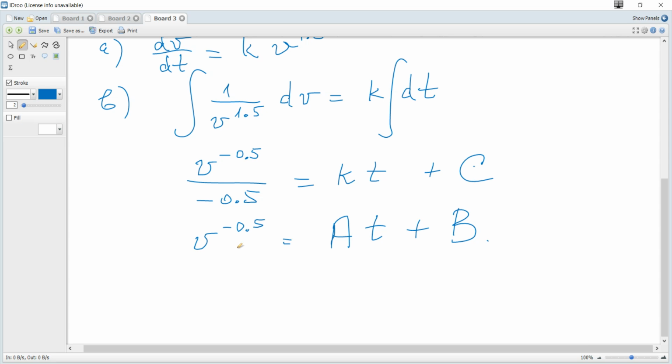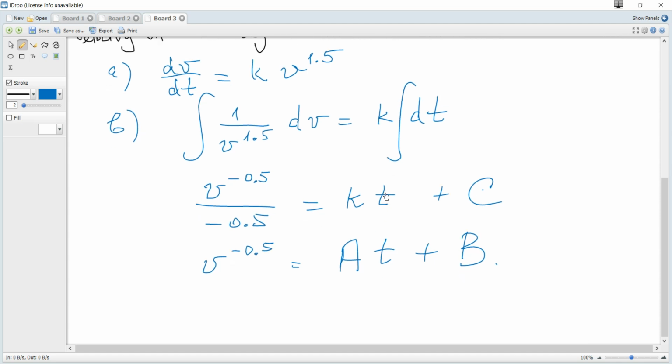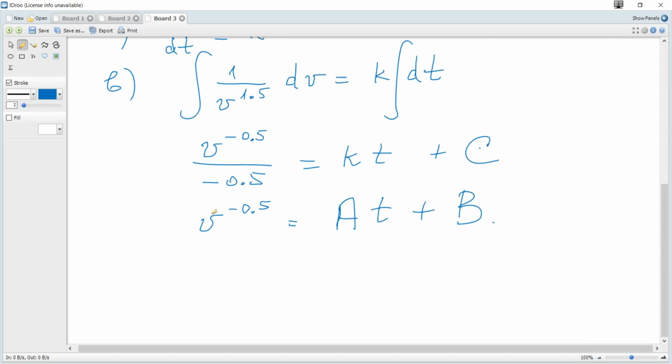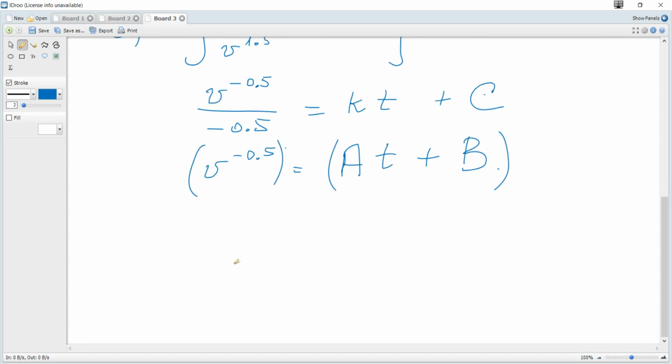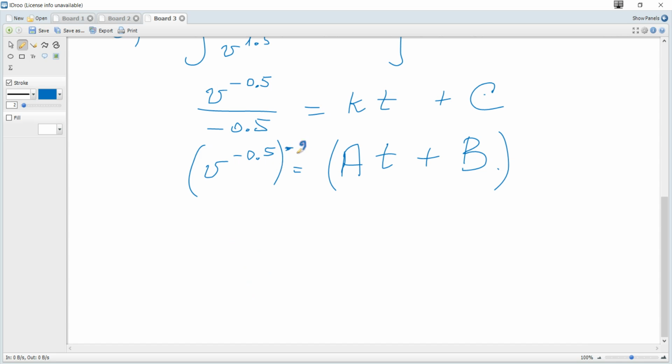But since we need an expression for velocity, so v is equal to something, how to get rid of this power? We can raise both sides to such a power that it becomes v to the power 1. It's like 2 to the power 3, and to the power 5 it's 2 to the power 3 times 5. The idea is that you should choose this to be some value so that you get 1 finally, and it should be negative 2.